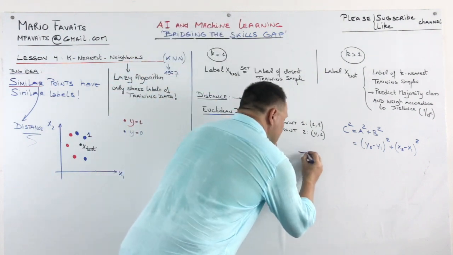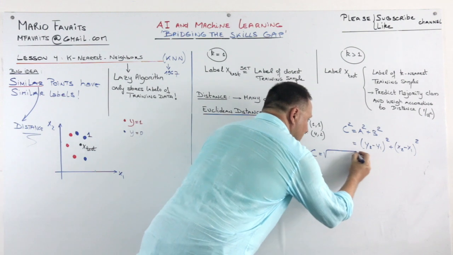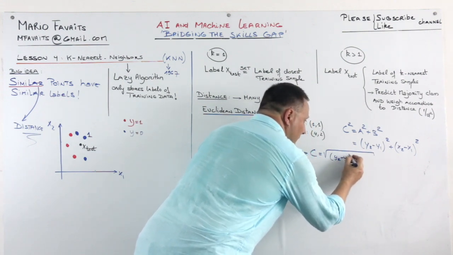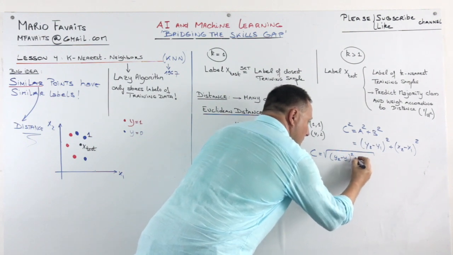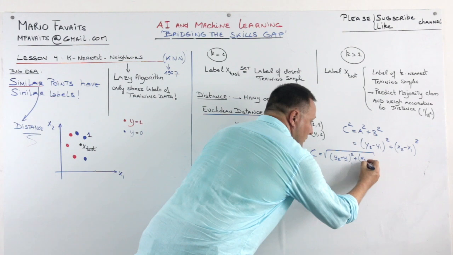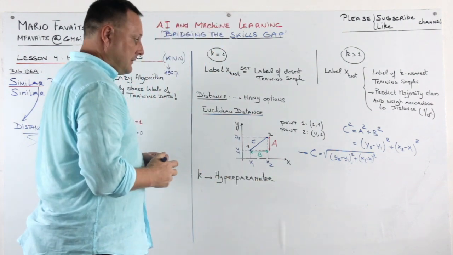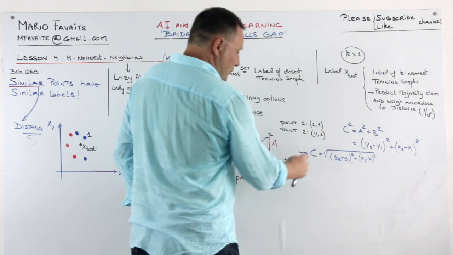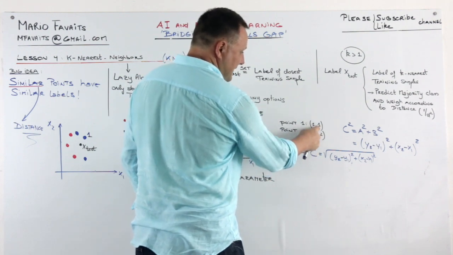So that means that the distance between item 1 and 2 equals the square root of y2 minus y1 squared plus x2 minus x1 also squared. Okay? So in this case, y2 is that one, y1 is that one.